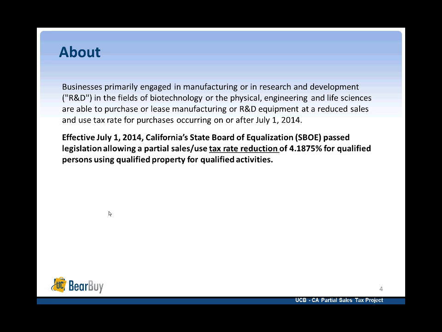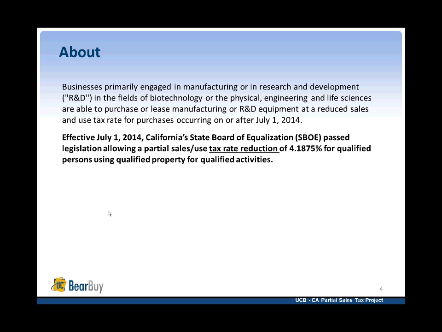The partial sales tax rate reduction is of 4.1875%. It's not to 4.1875%. So what that means is that the state portion of the tax will be reduced by 4.1875%. Okay. The other tax piece, the tax rate, will be determined based on the local taxes, so where the items are being shipped to.